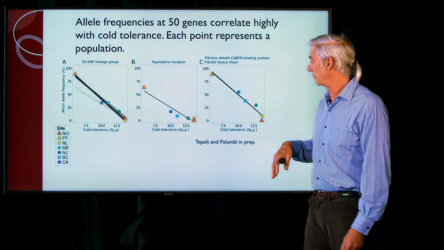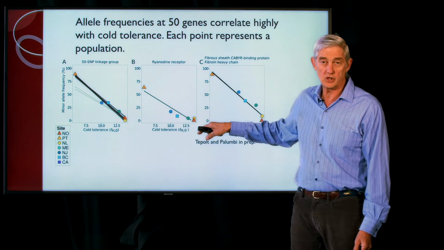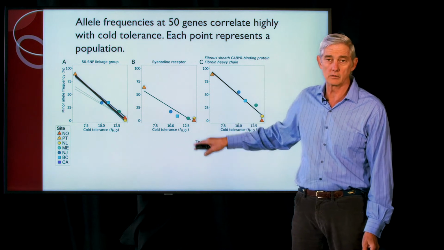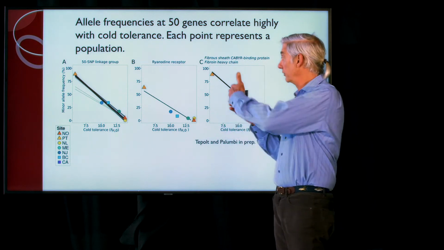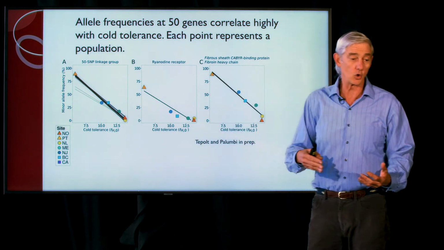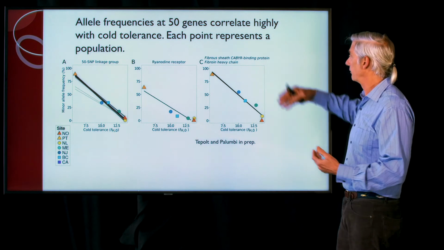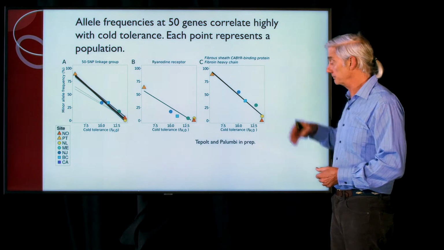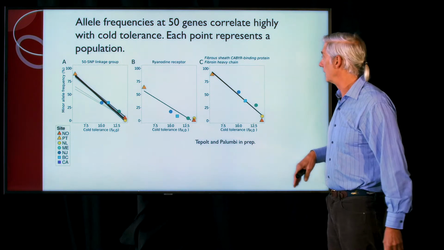This is a ryanodine receptor. It changes its gene frequency depending upon the cold tolerance of the population that's involved. So in this case, there's a link between this gene, the ryanodine receptor, and the cold tolerance of this population. Here's another example: a different protein, a structural protein.